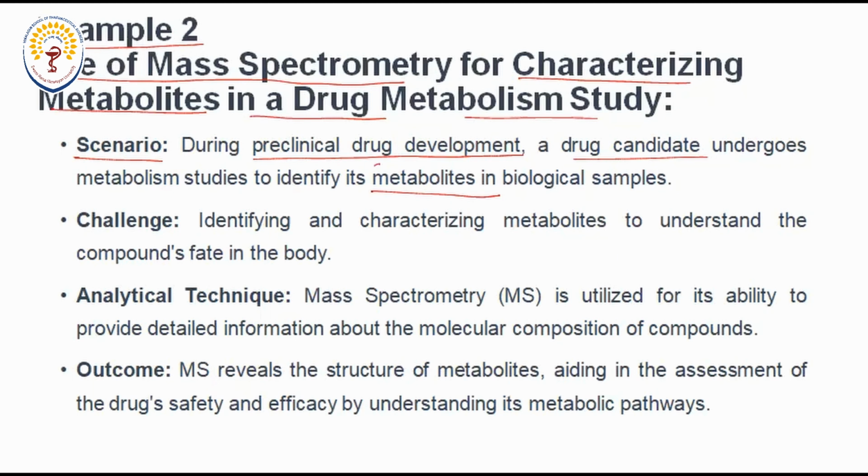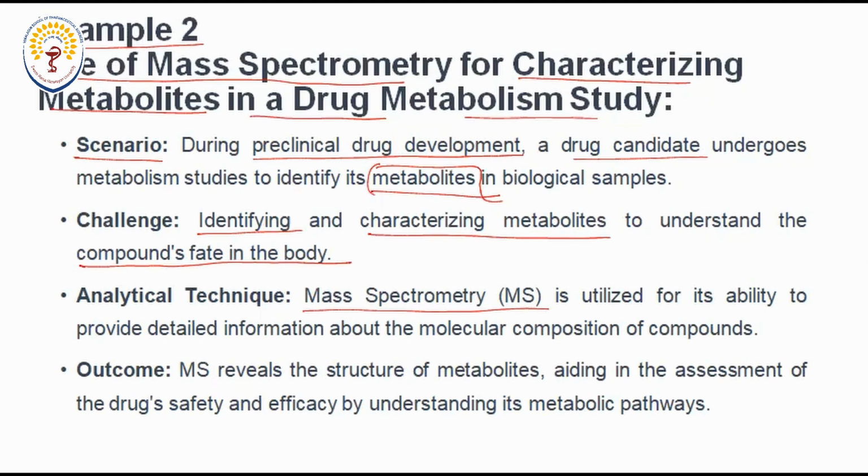We want to know these metabolites, we want to identify them. So our challenge is to identify and characterize these metabolites, and we want to understand the metabolic fate of that drug in the body. That means when the drug goes into the body, through which processes it is undergoing metabolism. To identify them, we have used mass spectrometry over here.